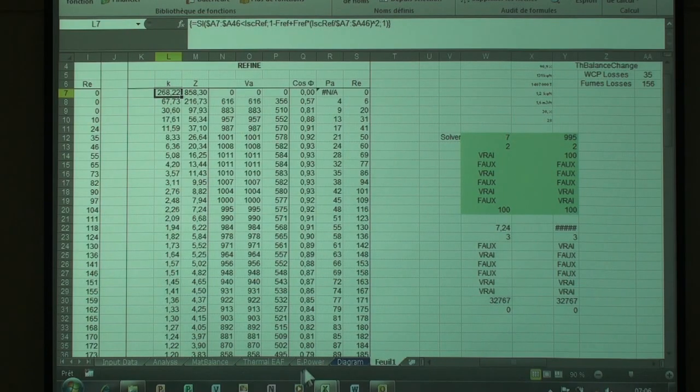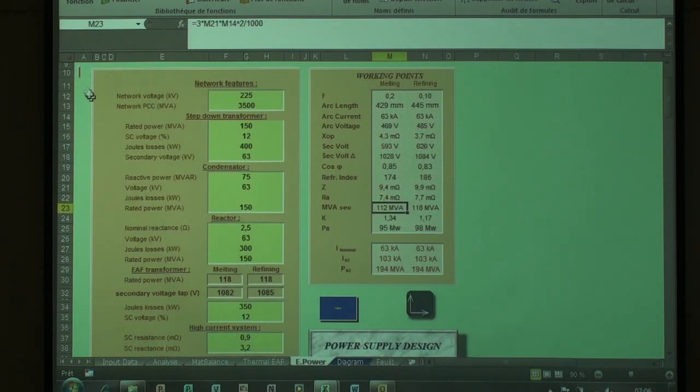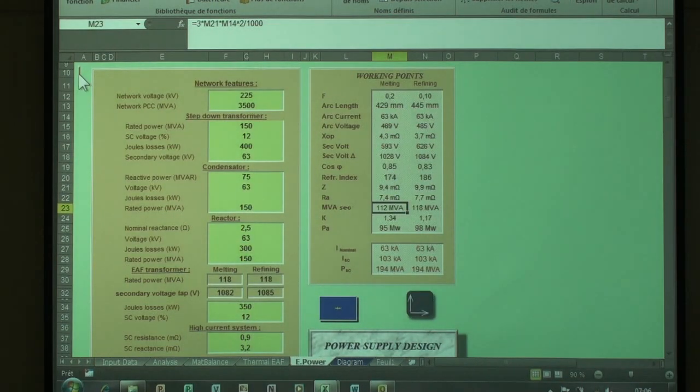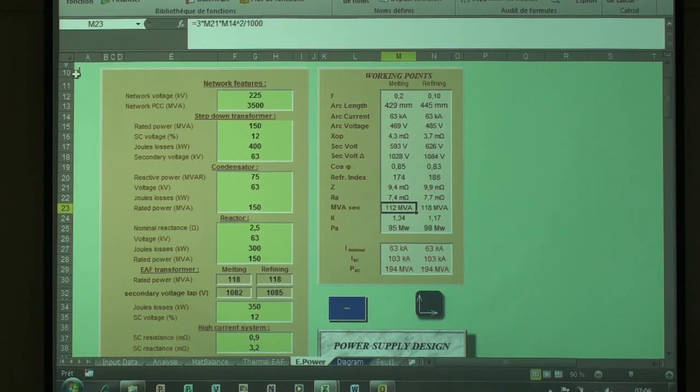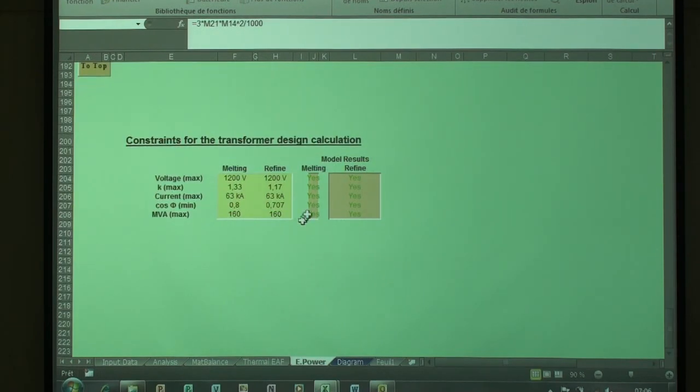So these are the results of the solver, but we have it here as well. All conditions are fulfilled.